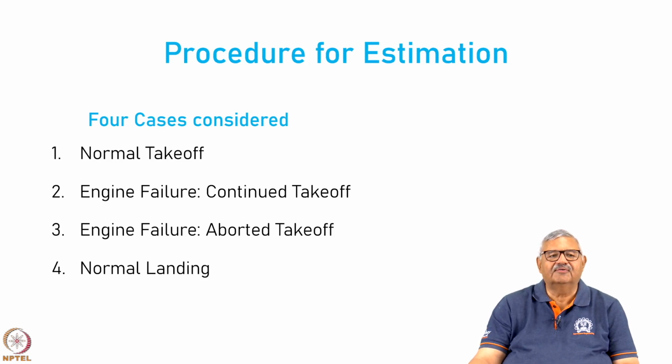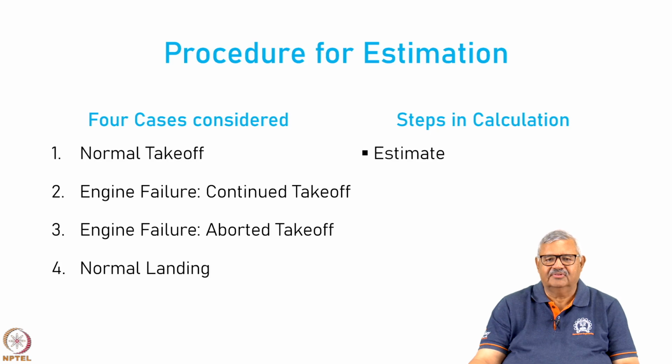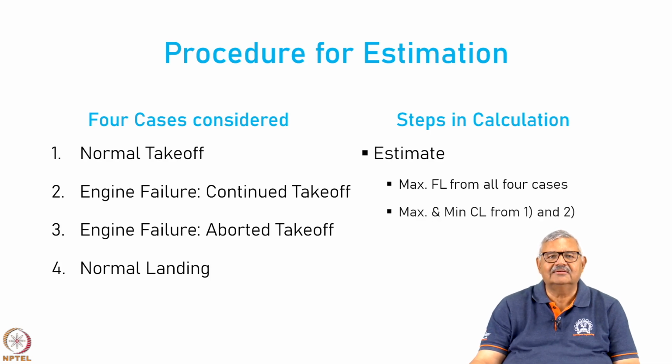So, for all these 4 cases, we use the values of the input parameters to follow particular steps. The first step is to estimate the maximum field length from all the 4 cases. So, we calculate the field length for all these cases, take the maximum of those 4 and specify that as the required field length.